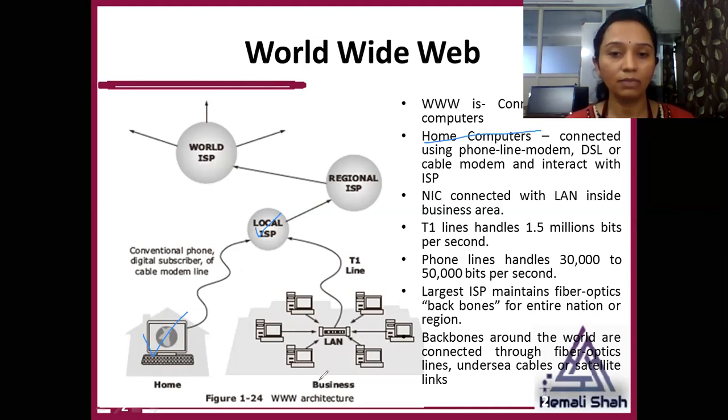Now think about the business area. In the business area, your computer has a NIC, network interface card. This NIC is connected with LAN devices. Using these LAN devices, all the business computers are connected, and this LAN device is connected with the local internet service provider with a T1 line.